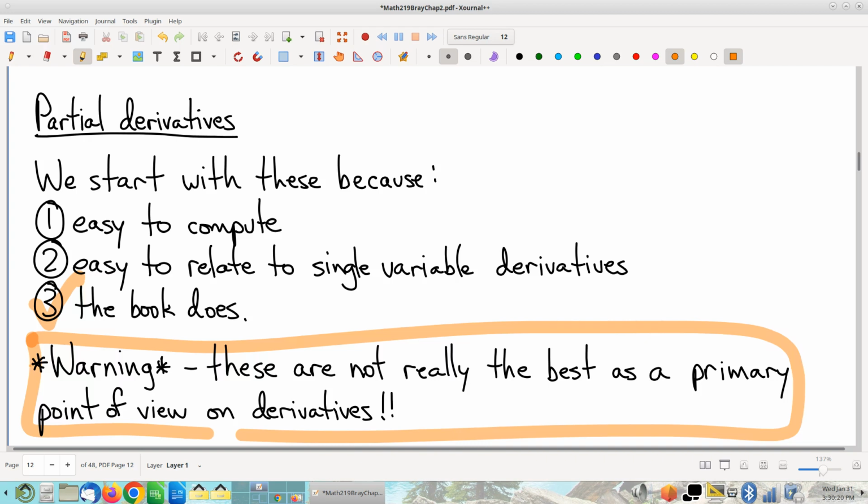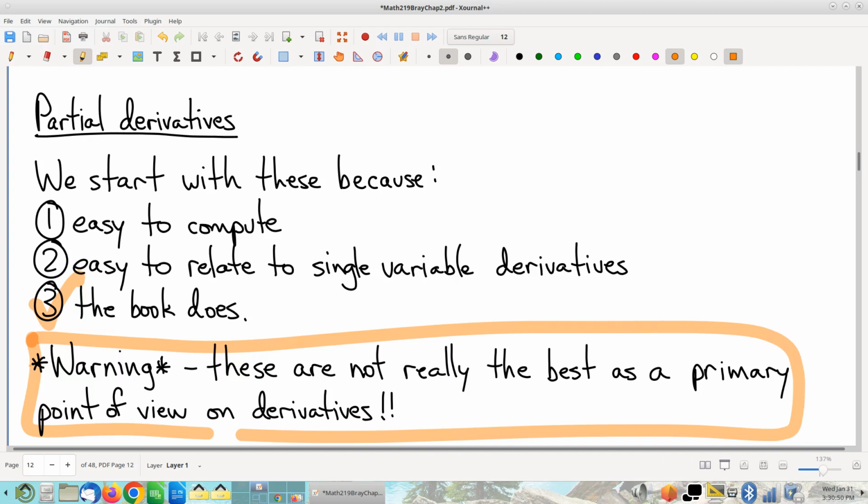I feel like when you have several things to discuss, whichever one you start with gets taken as the fundamental, the default, the natural one that you should fundamentally think of. And frankly, when you leave this course, I hope you don't think of partial derivatives as being your fundamental point of view on what derivatives are.